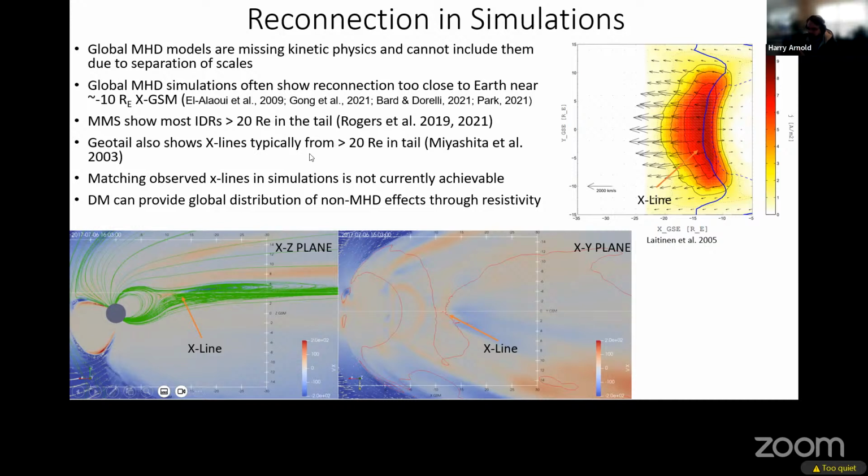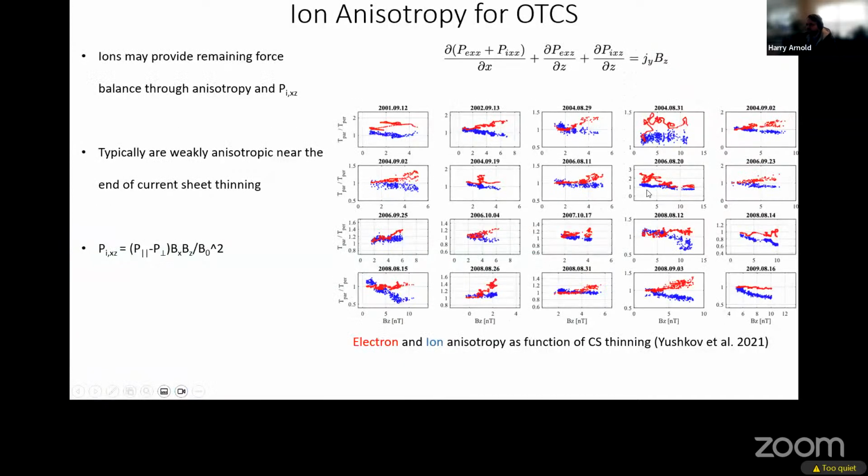But that's not where it's observed. And so, do these thin current sheets give you the current further in the tail where reconnection actually occurs? And therefore, are they playing a big role in reality that is not being captured in these MHD simulations? So this is a question that we're interested in.